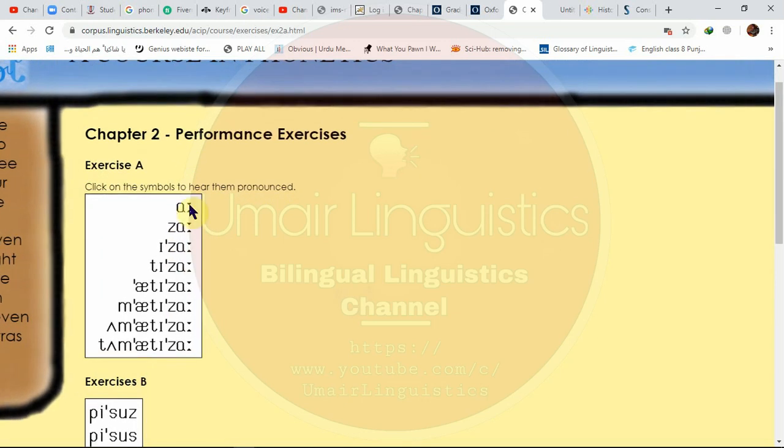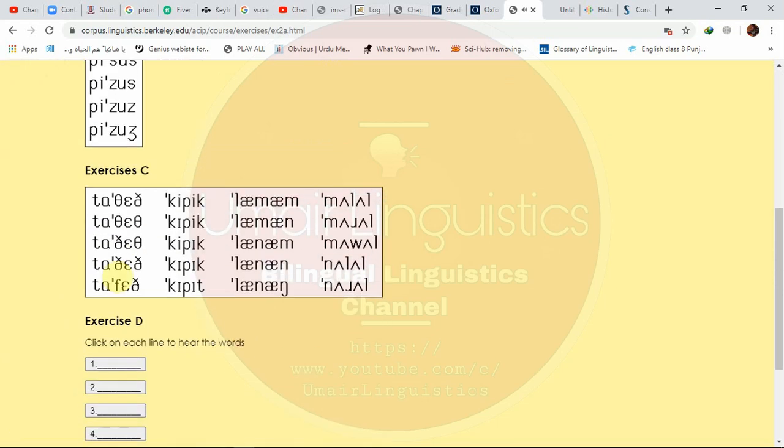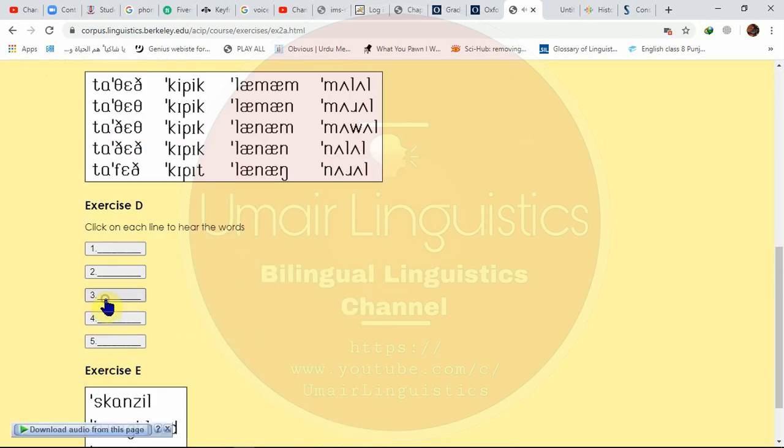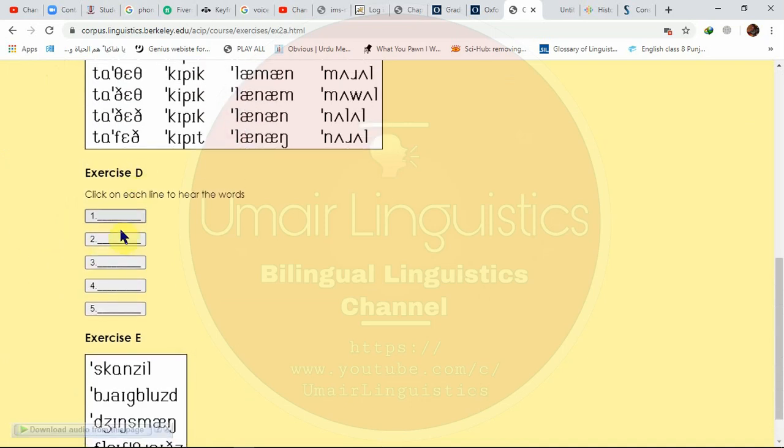Exercise one described starting from the first sound. And this is exercise B: Zeus, Jinxmang, so it is all about this exercise.